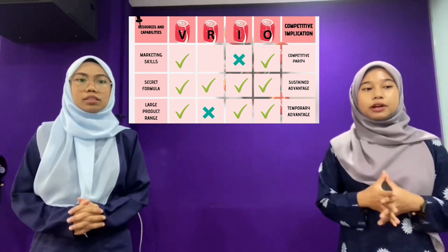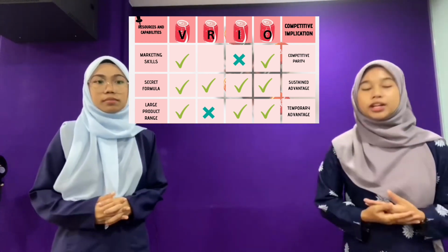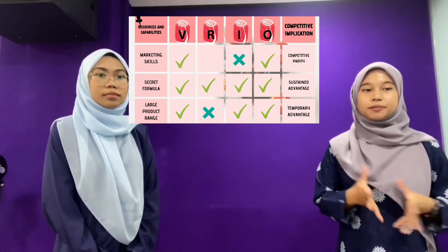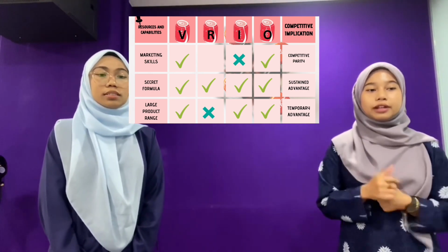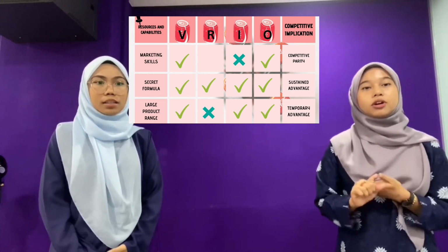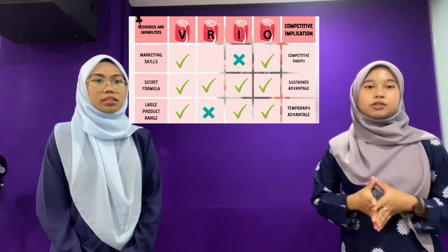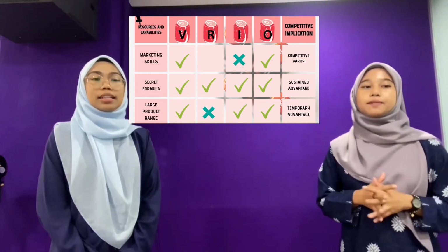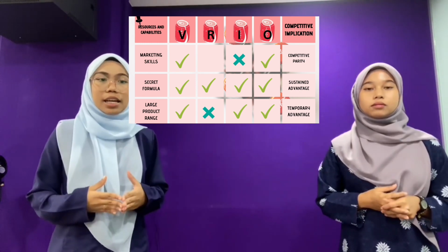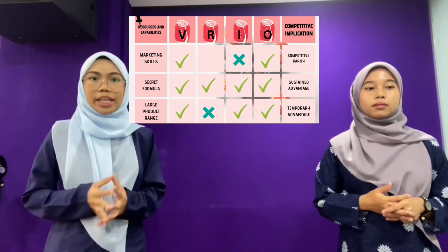So based on the VRIO analysis that we have shown, the competitive implication for marketing skills is competitive parity, because value and organization are yes, but imitate is no, because it is hard to imitate due to the high expenses. Next, the secret formula is a sustained advantage, because all show yes.